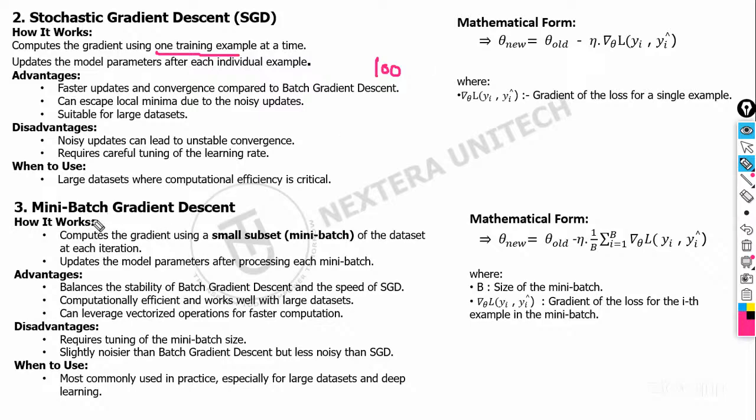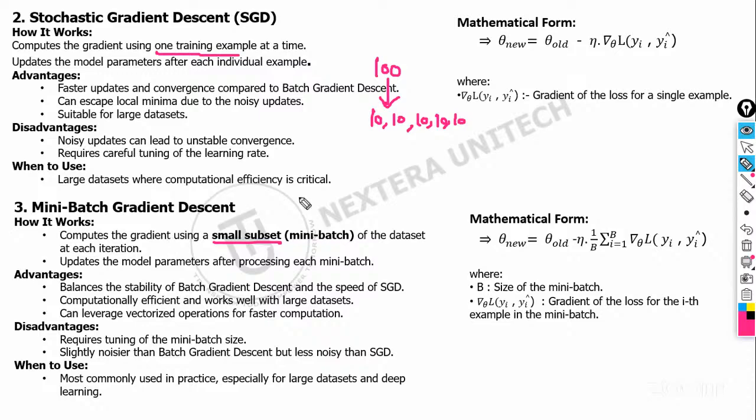Then the third variant is mini batch gradient descent, which computes the gradient based on a small subset of the original data. So if you have the same 100 records, I'll take a subset. Probably if I take 10 at a time, I'll have only 10 records for each and every iteration. I'll take each 10 records and pass them as a subset to calculate my gradient.